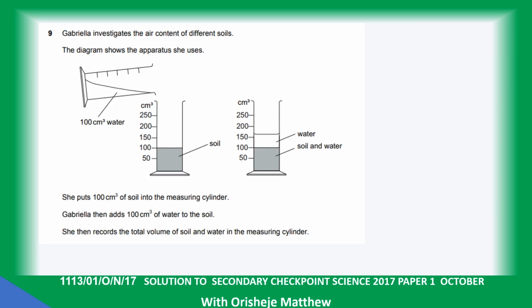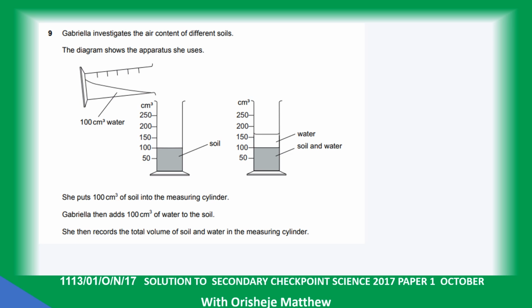Gabriela investigates the air content of different soils. She put 100 cm cube of water into the measuring cylinder. Gabriela added 100 cm cube of soil to the water.